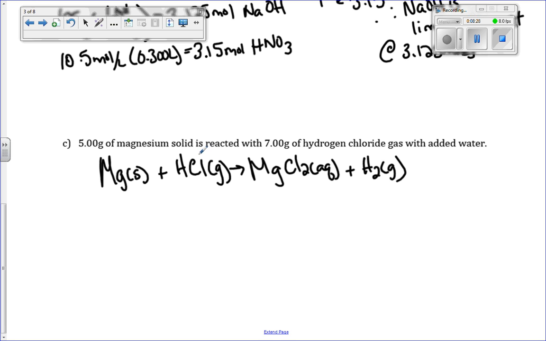So we have 2 hydrogens here. We need 2 hydrochloric acids, 2 chloride atoms on this side, and we have 2 chloride atoms on this side. So now we're balanced. The first thing that we need to do after that is write down the information given. We're going to take 5 grams of magnesium solid, and we're going to divide it by the molar mass of magnesium.